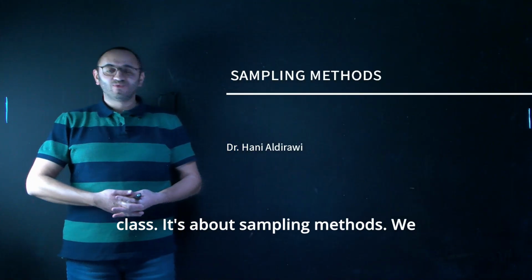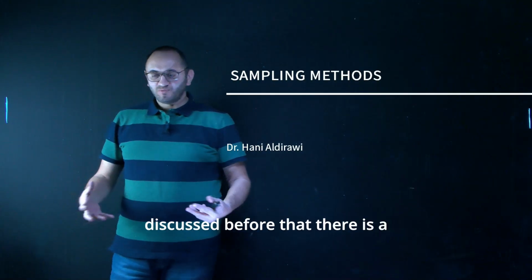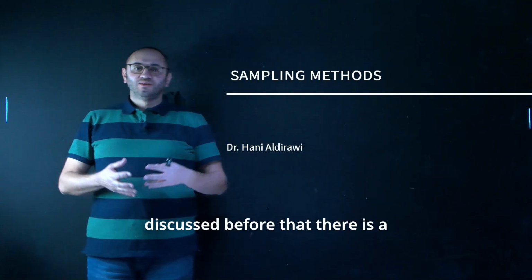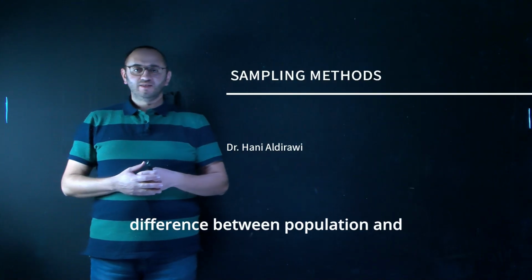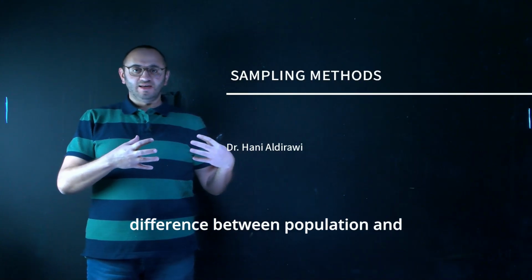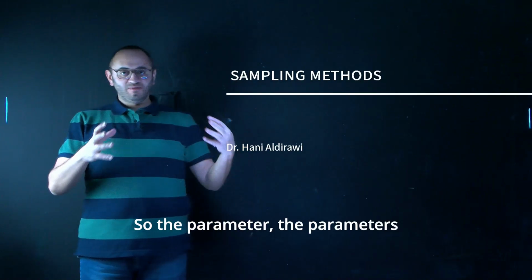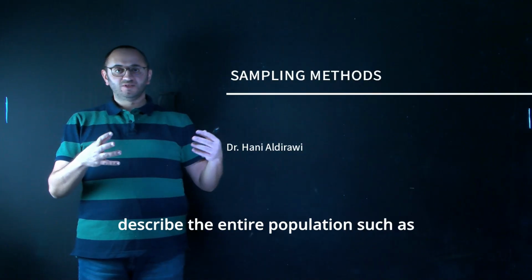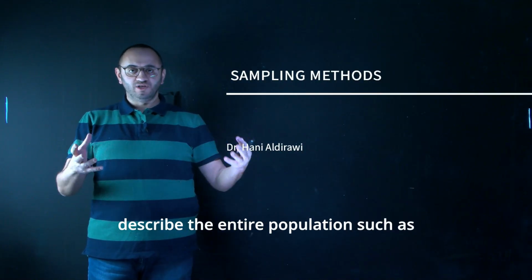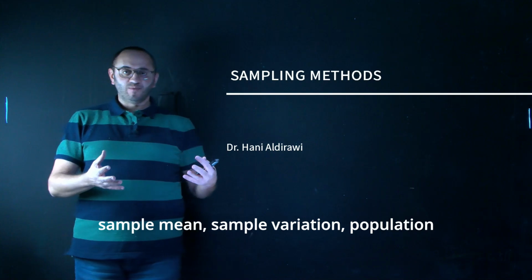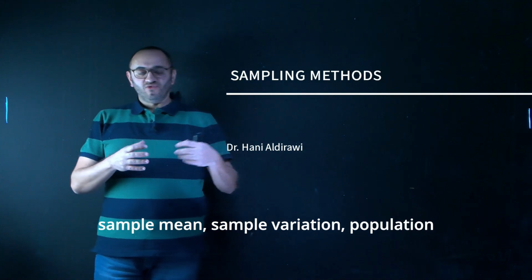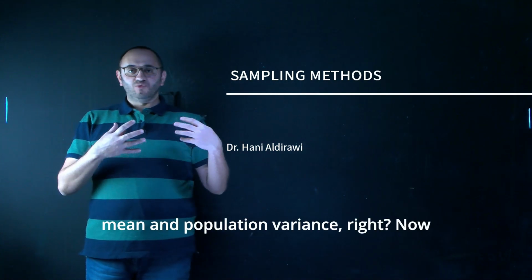Today's class is about sampling methods. We discussed before that there is a difference between population parameters and statistics, right? Parameters describe the entire population, such as population mean and population variance.